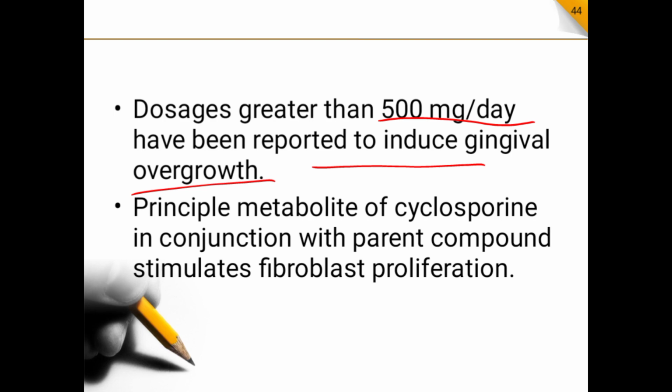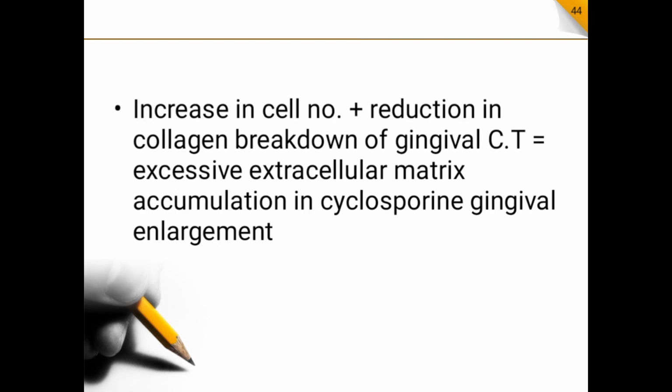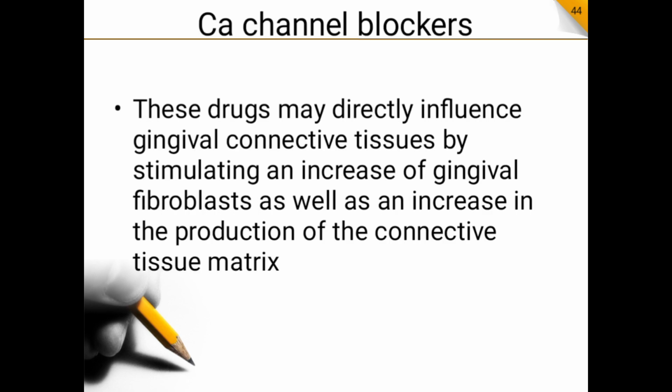The principal metabolite of cyclosporine, in conjunction with the parent compound, stimulates fibroblast proliferation, increasing cell number, reducing collagen breakdown of connective tissue, and causing excessive extracellular matrix accumulation. In cyclosporine there is an increased number of cells, decreased breakdown of collagen, and excessive matrix secreted by the fibroblasts, which accumulates. So basically, in cyclosporine gingival enlargement occurs.